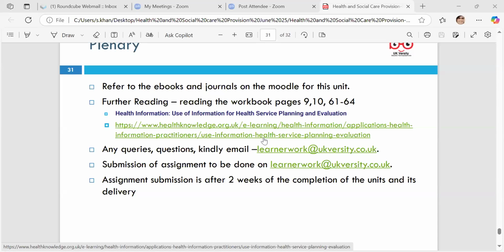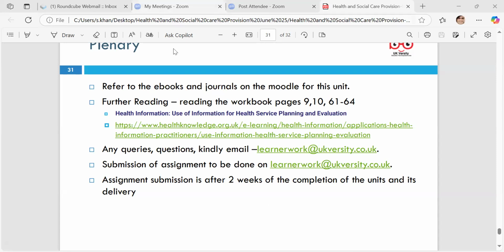Has anyone got any questions before we finish this session off today? Niazi, Vida, Latifa, have you got any questions? Any questions, Latifa? Niazi, have you got any questions? Yes, sir, about the assignment that you gave us last time. I haven't given you any assignment. Okay, the assignment is available on Moodle for you.